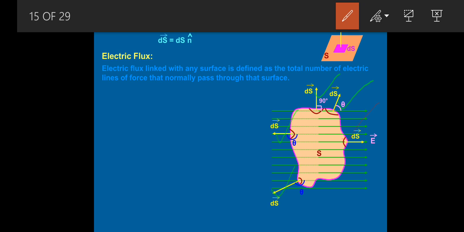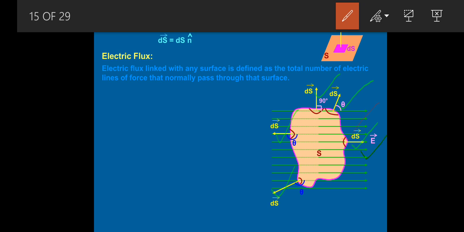At every point this area vector is perpendicular to the surface, while the direction of the electric field is always from left to right, as shown in this diagram. Then there are different angles of this area vector with the electric field.